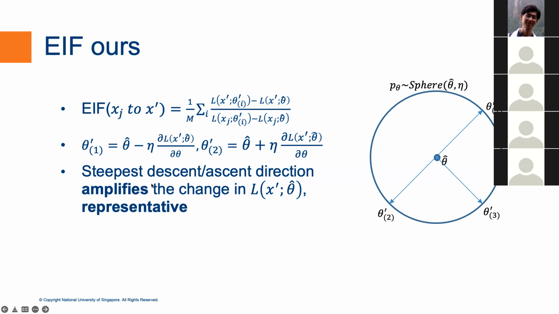The reason we take the steepest descent or ascent direction is that it can amplify the change in testing loss. So we think they are representative directions. Okay, I have no questions here. Does anyone have questions for this illustration? Okay, maybe we can keep going on.